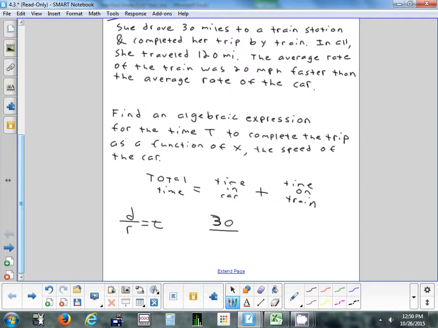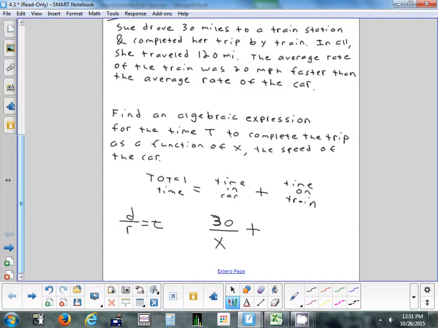Right, you could think of it as something minus 20, and that's not wrong. You can do it that way. They're just having you look at it the other way. They're looking at it as an x plus 20, but we'll get to that part in a second. How did they say to represent the speed of the car? X. Okay, we're going to find the time it takes where x is the speed of the car.